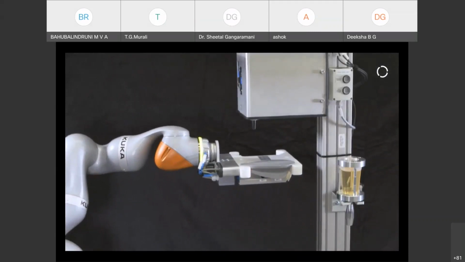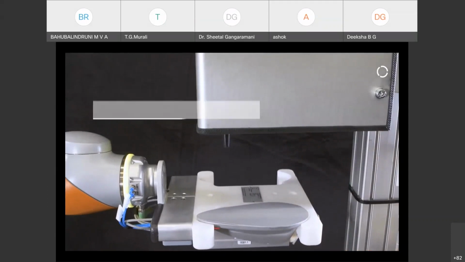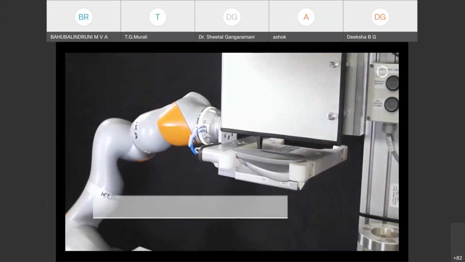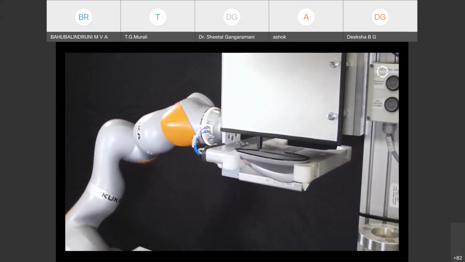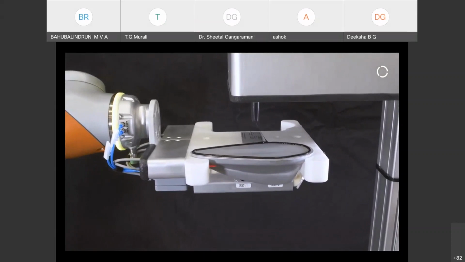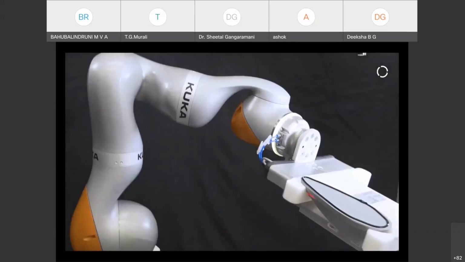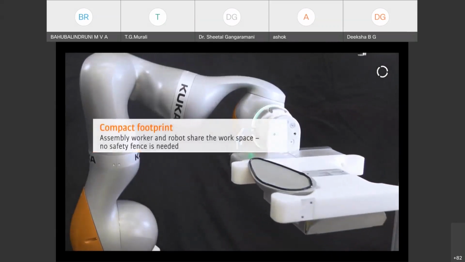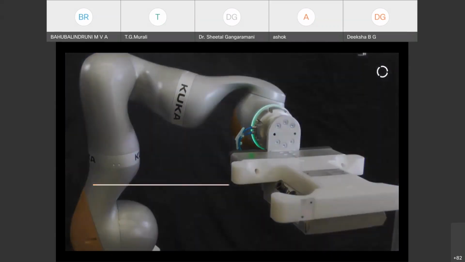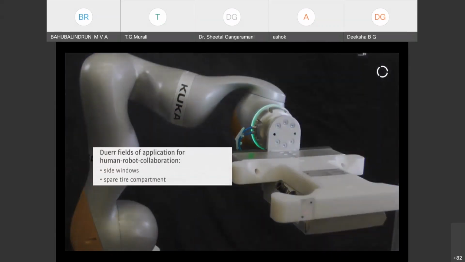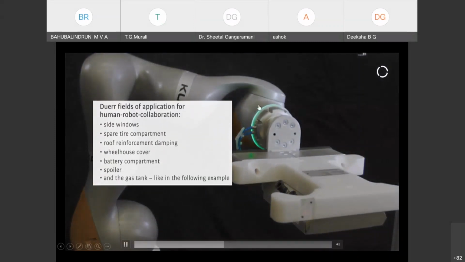So the human and robot are working in collaboration. So these are certain applications of human robot collaboration in the aircraft industry.